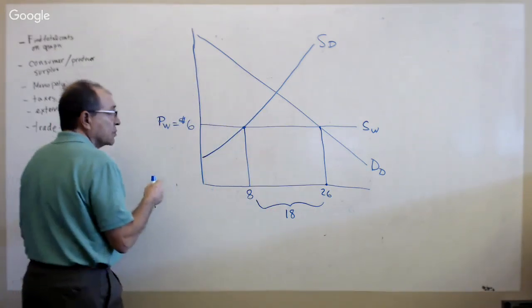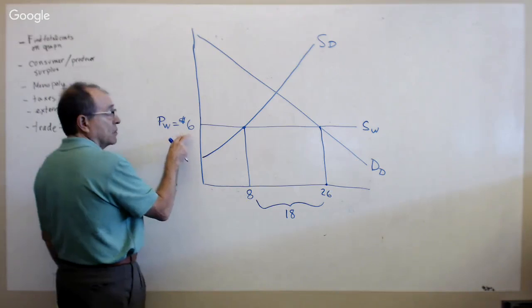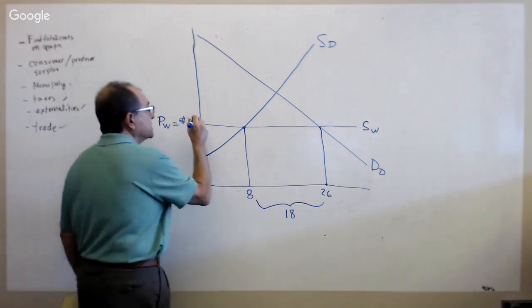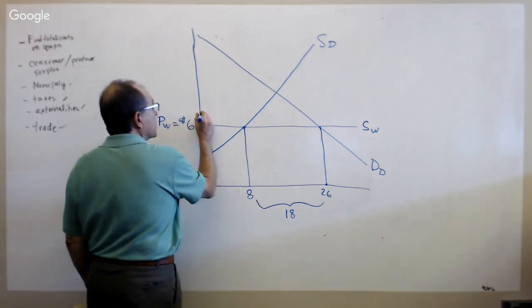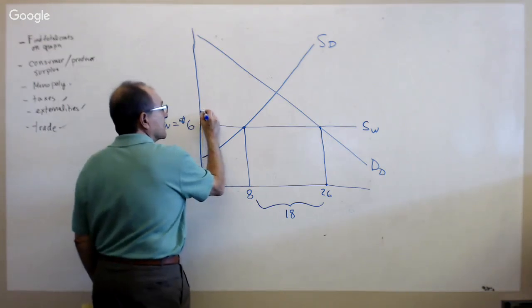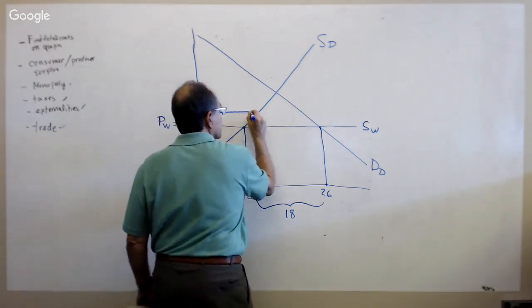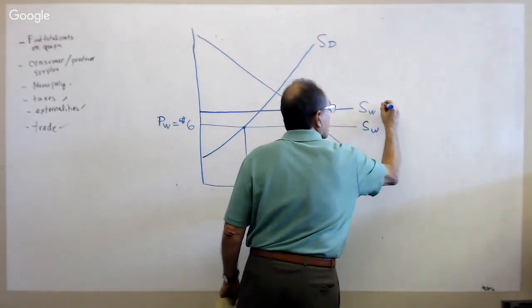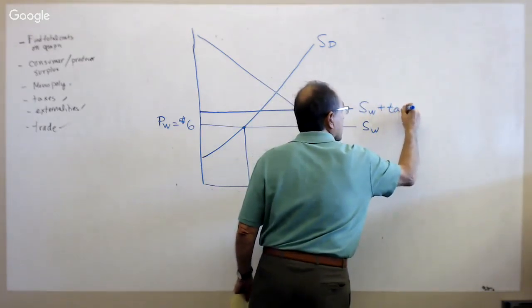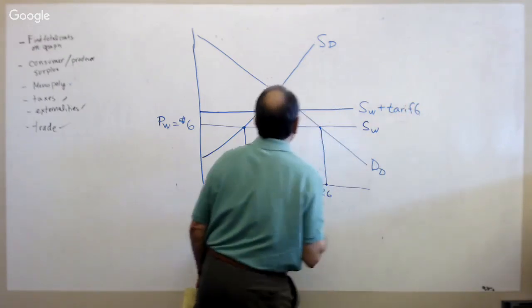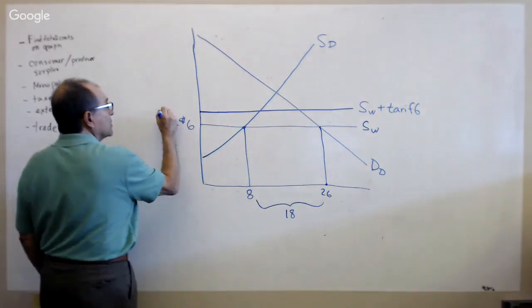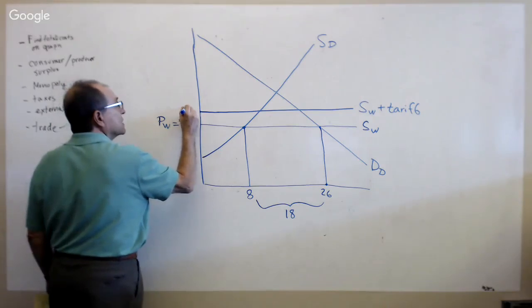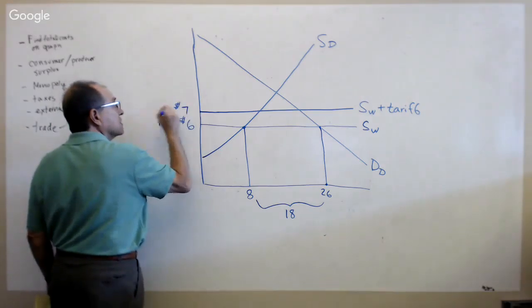So that means that the price of foreign steel will rise to $7. That's equivalent to just drawing a line like this, straight across, where this is the world supply plus the tariff. Okay, so this is now a price of $7. It includes the tariff amount.